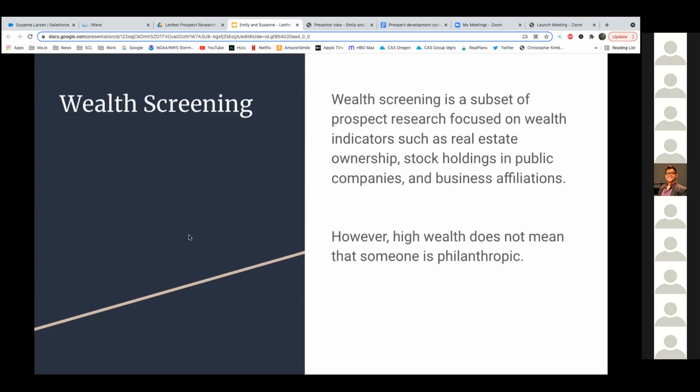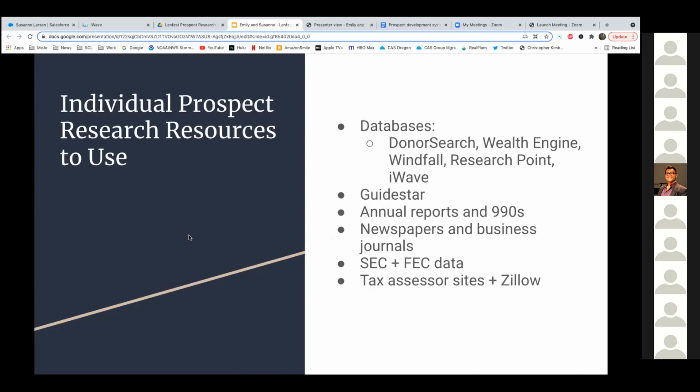You always want to do a little bit more digging and see if they've made other donations or they sit on a board or something like that. But wealth screening is something that's beneficial and can save you a lot of time. It is conducted through screening vendors like iWave, Donor Search, Research Point. There are a lot out there that can help you find data really quickly and accurately.